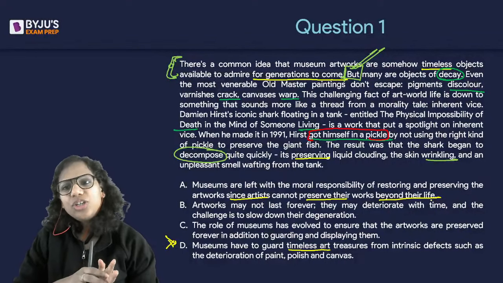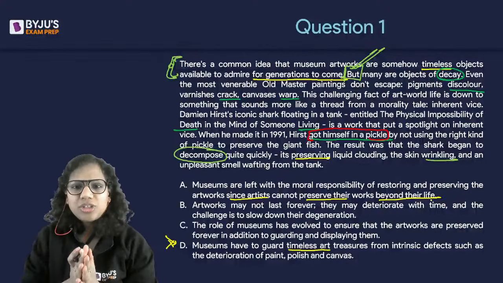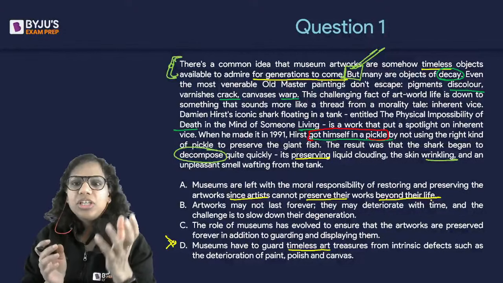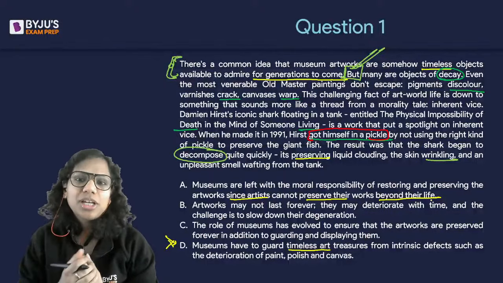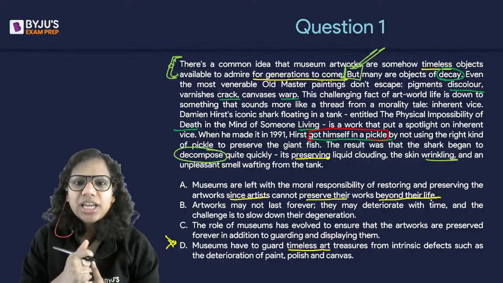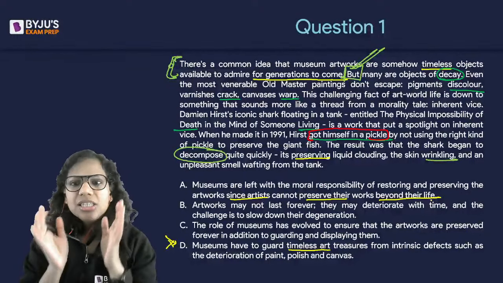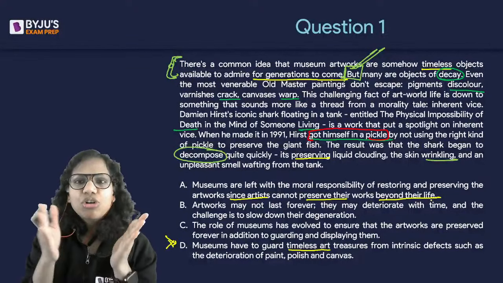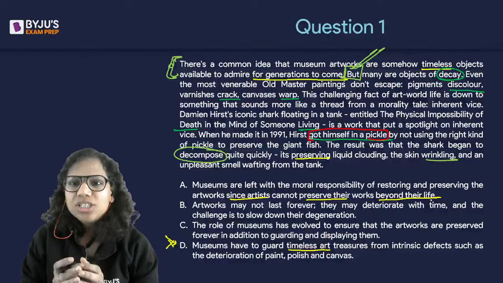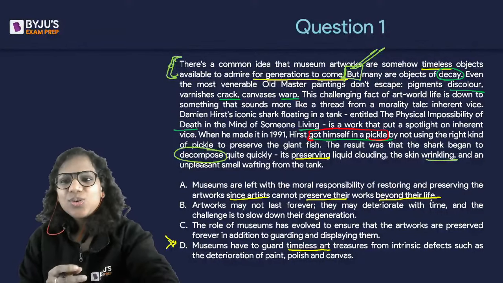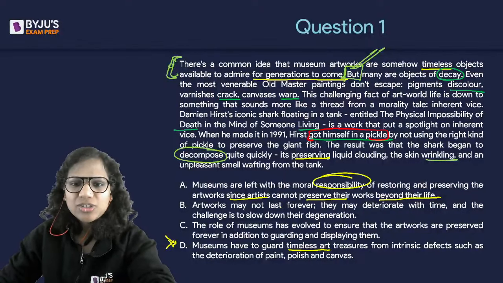We talk about the fact that artworks deteriorate. Then we give an example, this artwork called The Physical Impossibility of Death in the Mind of Someone Living, where there was a shark floating in a tank. Through this we are demonstrating how artworks decay. But is the role of museums talked about in this paragraph? I don't see it. The responsibility of museums has not really been discussed in this paragraph.